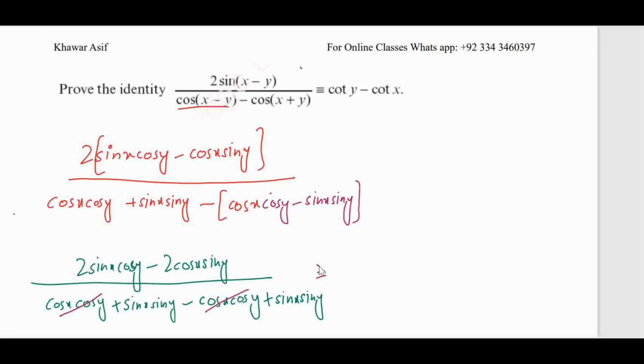So this will become 2 sine of x cos of y minus 2 cos of x sine of y whole divided by 2 sine of x cos of y.